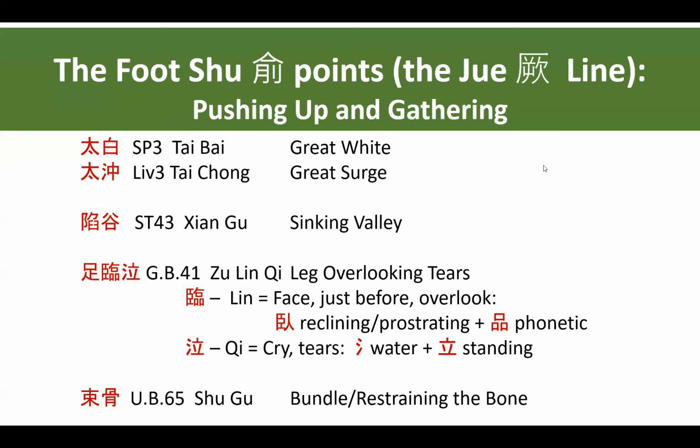If we're looking at the characters of to face, you can see that in this character, there is something that is horizontal, to recline. And if you look at crying, it has the water and it has the character to stand, li, to stand.